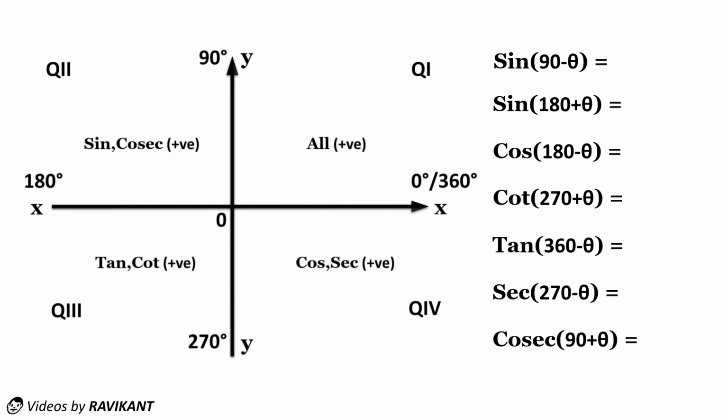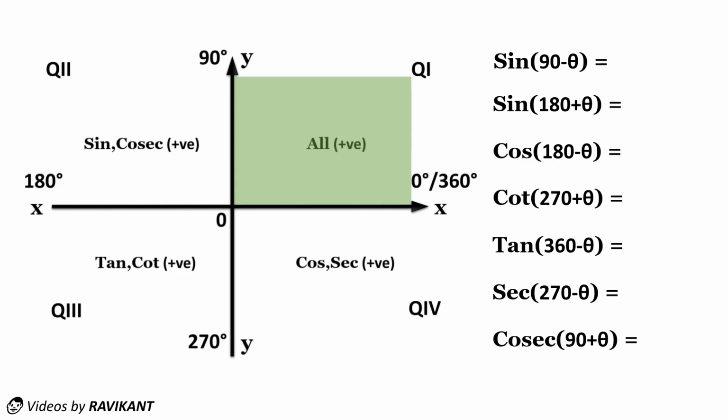In the next step, we see the quadrant in which the angle lies. So the angle lies in the first quadrant. In the next step, we see which trigonometric ratio is positive and which is negative in that particular quadrant. And in the last step, we will check which trigonometric ratio is given to us.